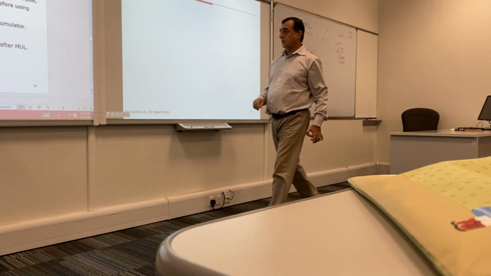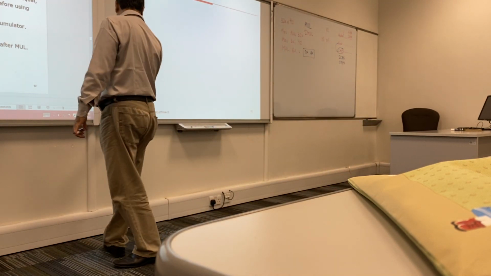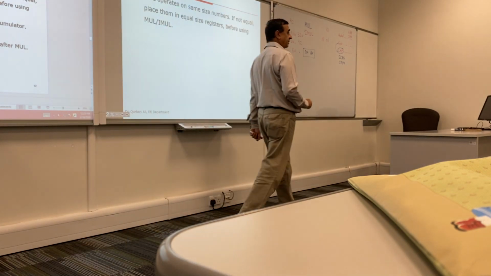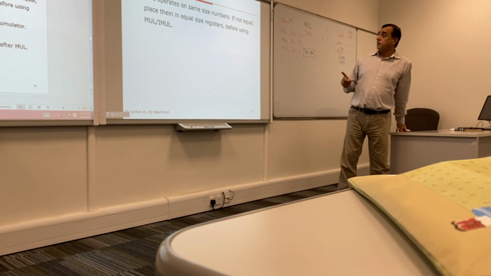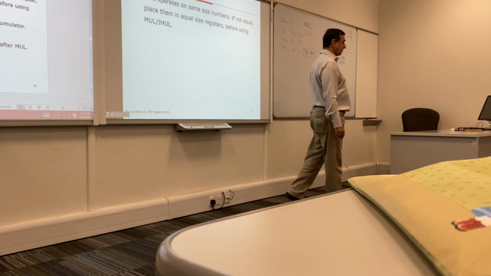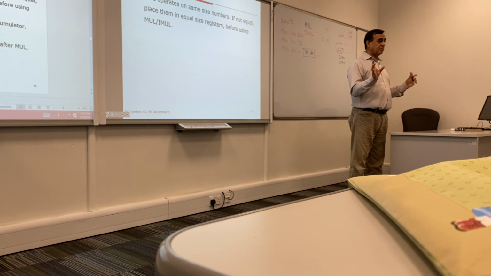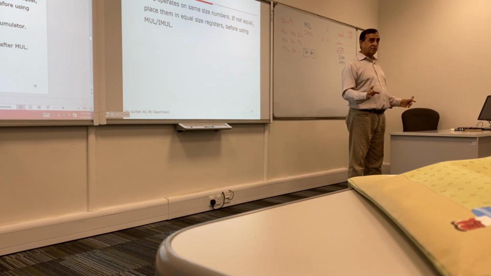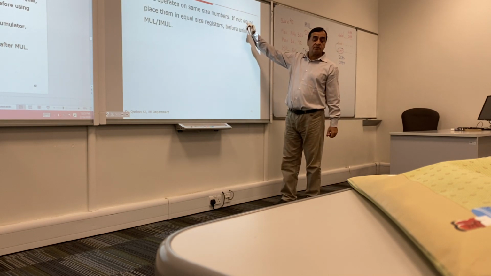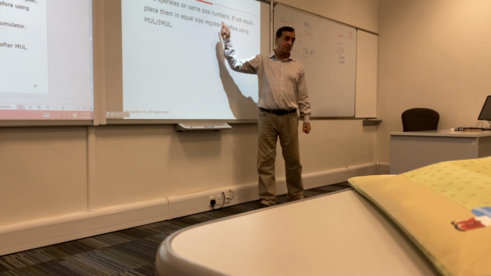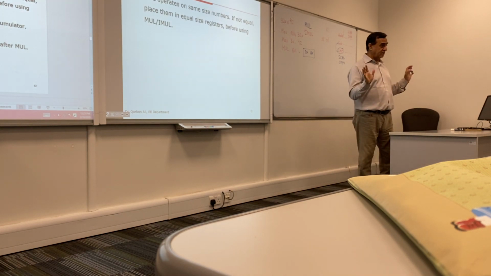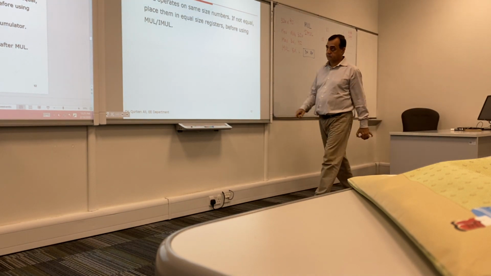So now, let's do the final. What are the summaries of the MUL? Number 1, multiplication operates on same size numbers, right? Either both are byte, both are word, both are double word, or even 64-bit. If not equal, place them into equal, because MUL and IMUL work on equal size values.